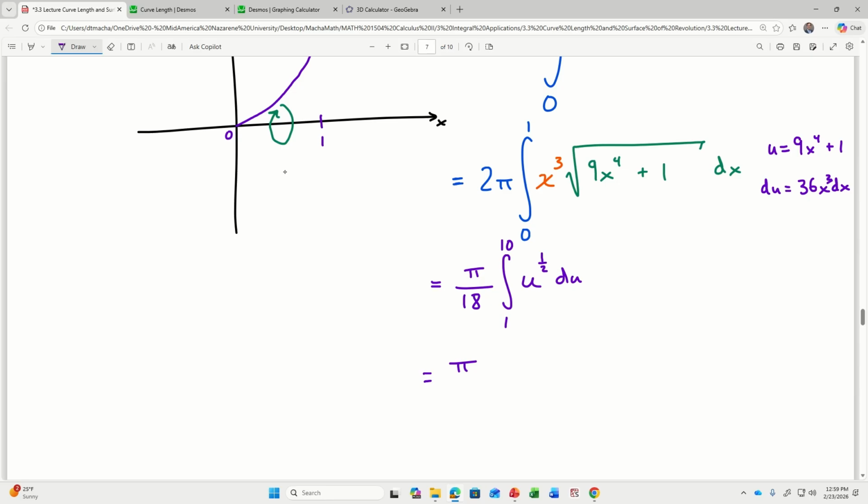Now we take the antiderivative of u to the half, which is going to be u to the 3/2 times 2/3.